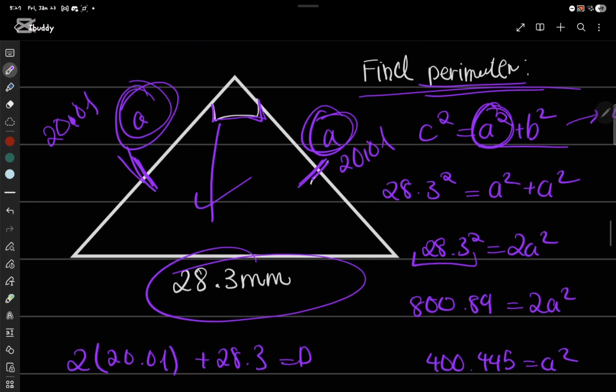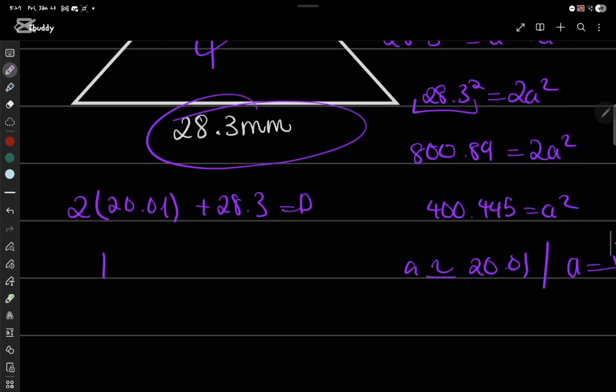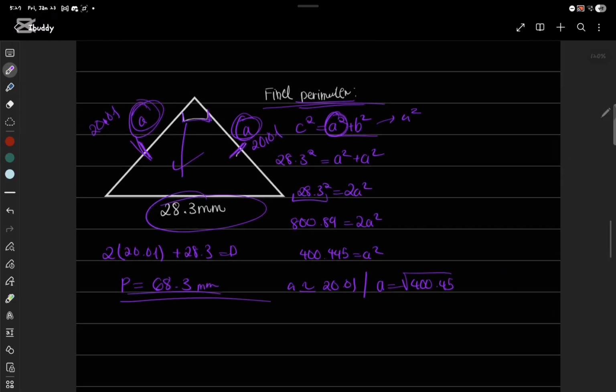I did 2 times 20.01 because 20.01 plus 20.01 is the same thing as 2 times 20.01. So P, perimeter, would be around 68.3 centimeters. Oh, millimeters. Wrong on units. Okay, there. That would be your perimeter.